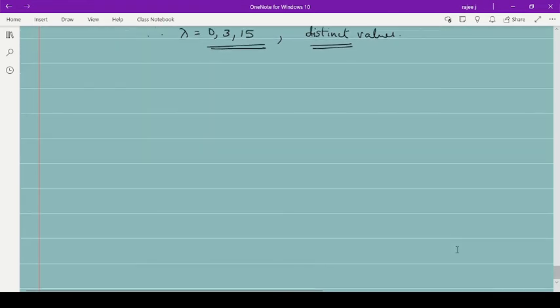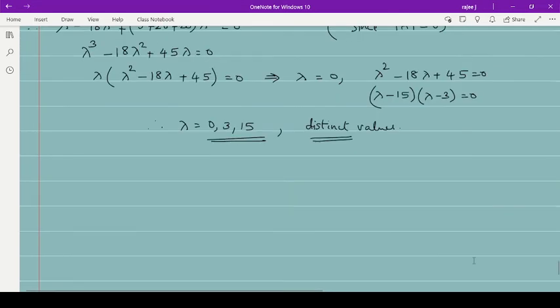Now find the eigenvector corresponding to lambda equal to 0.